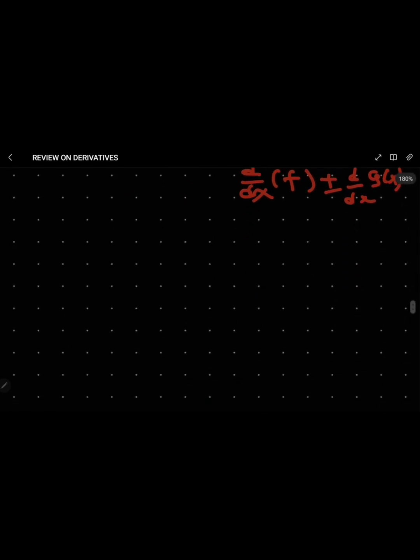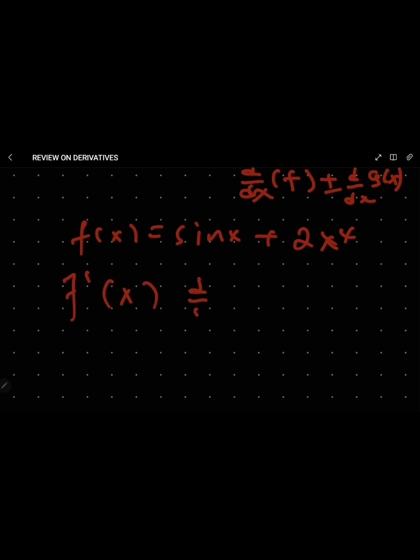I can give you an example for this. For example, if f of x is equal to sine x plus 2x raised to 4, how do you get the derivative of this? Then f derivative of x is equal to d per dx of sine x plus d per dx of the polynomial 2x raised to 4.